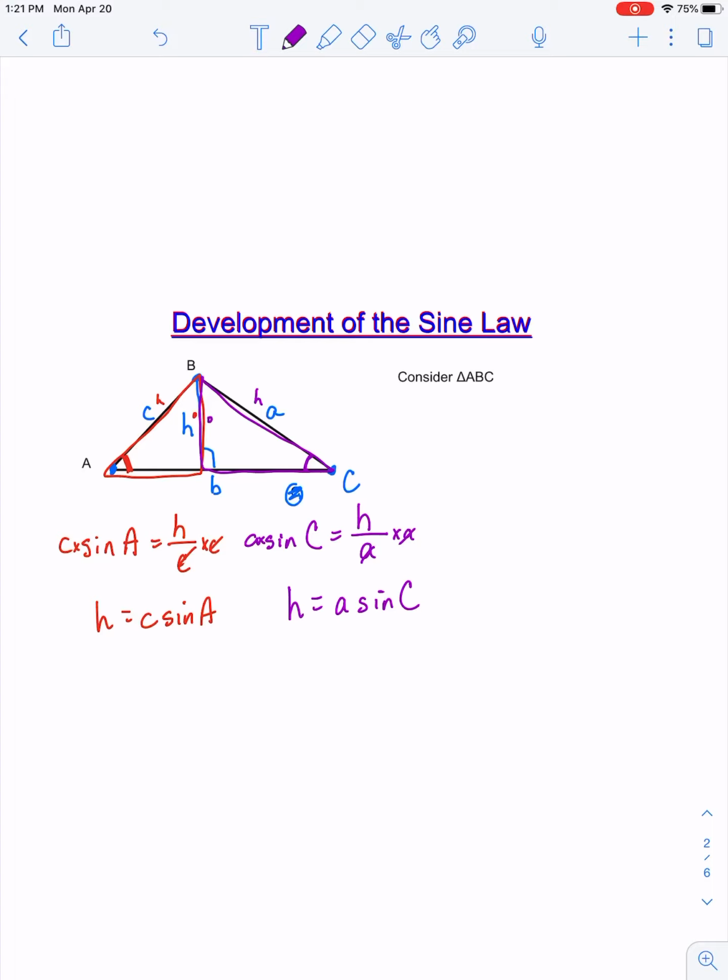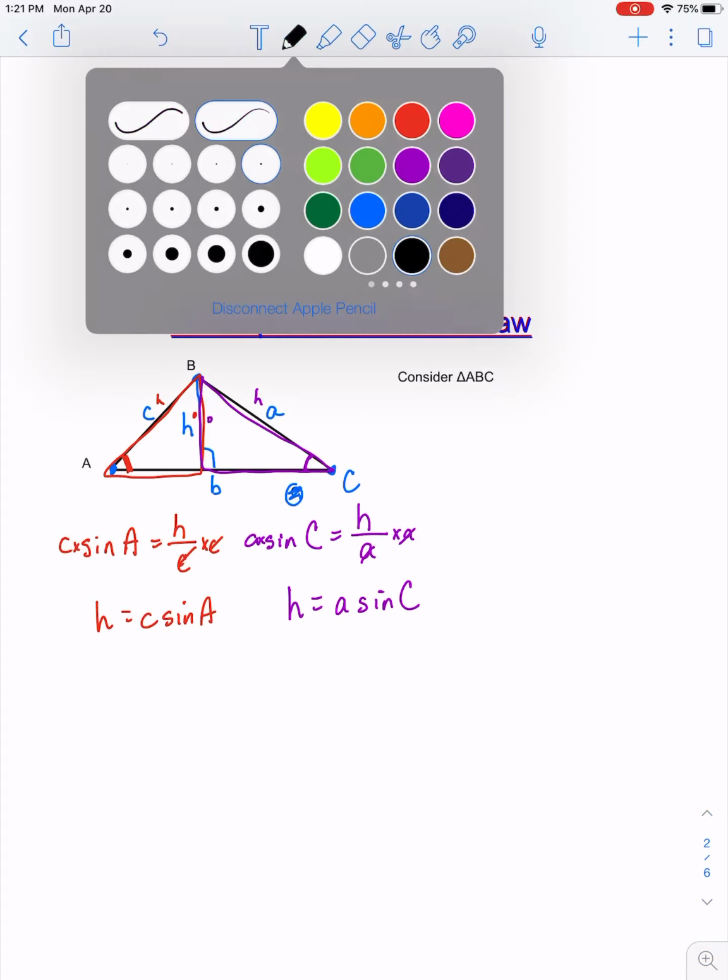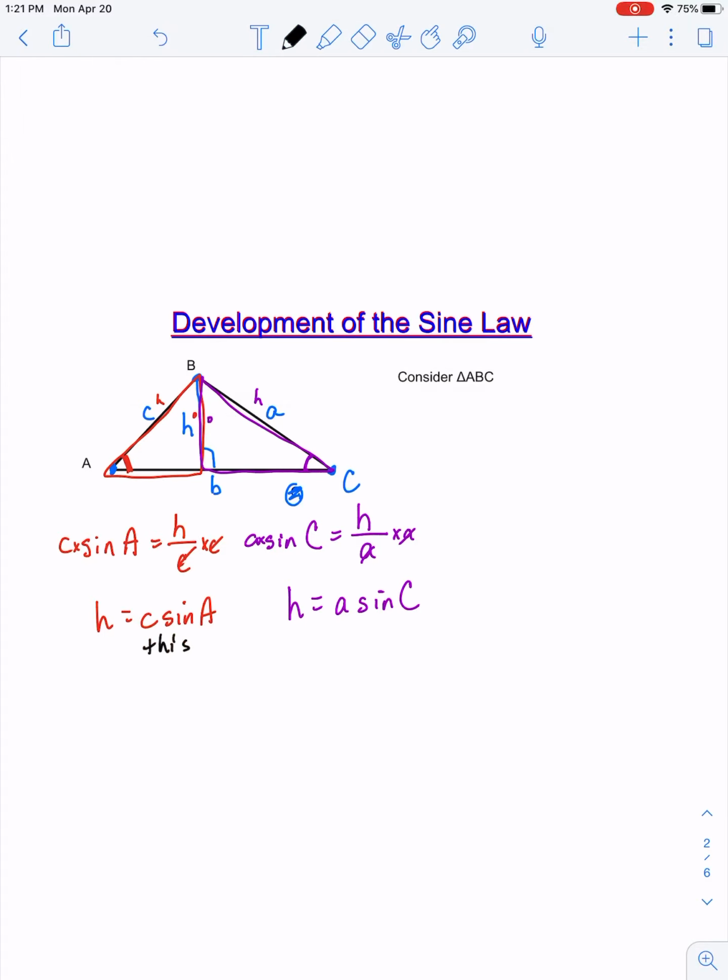So h equals c sine A and h equals a sine C. So if h equals this and h equals that, then this has to equal that. So then c sine A has to equal a sine C.